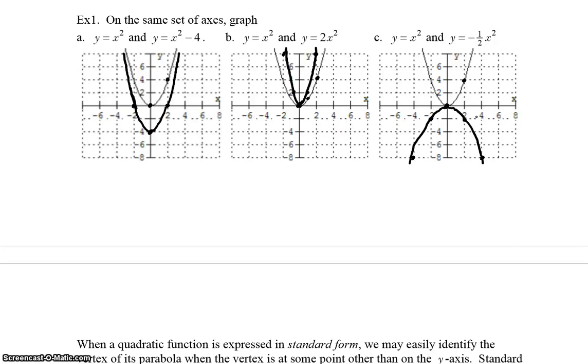And because in absolute value a is 1/2, the parabola is opening wider. It's a vertical shrink factor, and the parabola opens wider than before. So with A and B, a was positive and the parabola opened up. With C, a is negative and the parabola opens down.